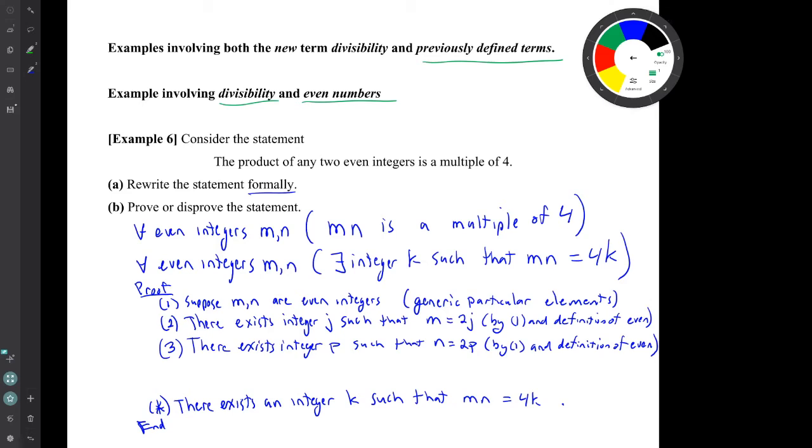Okay, so we have no choice about the frame of this proof. It comes from the method of generalizing from the generic particular element. And we have no choice about these two statements. They need to be there because we have to unpack this defined term that was used in statement 1. So we have this little gap to bridge now.